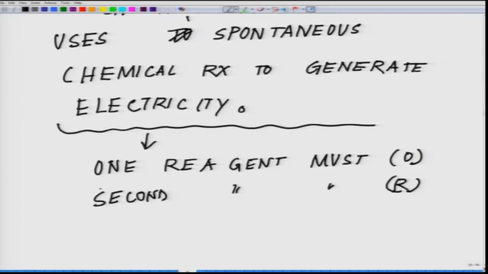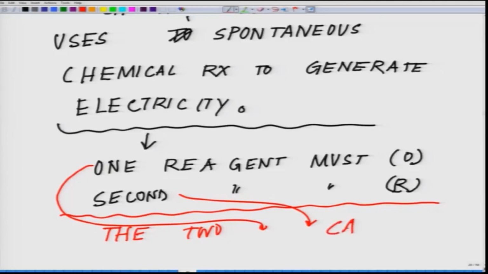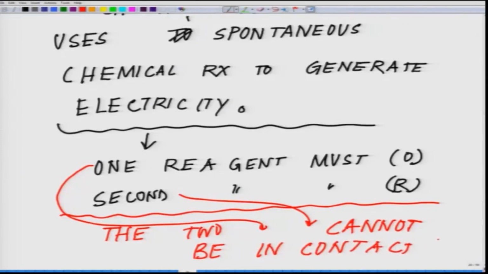The next most important thing we will be dealing with today is that the two cannot be in contact. Contact means I am talking about a physical contact with each other.